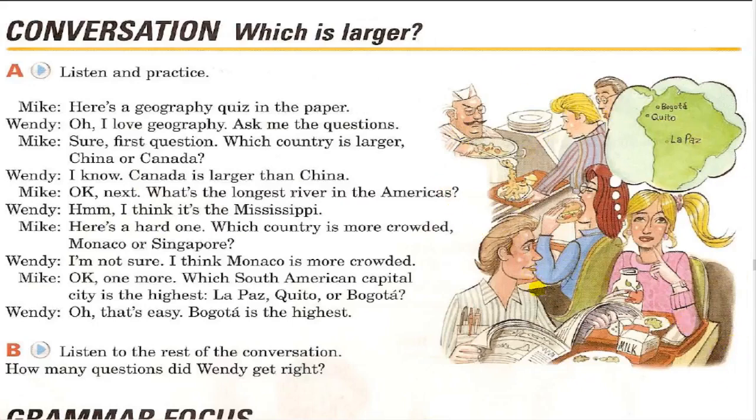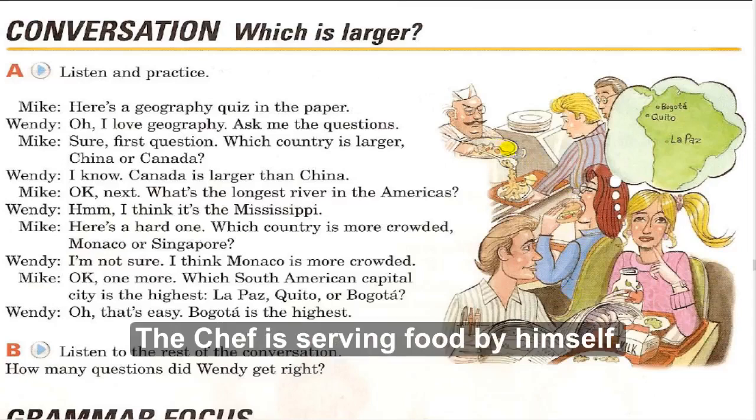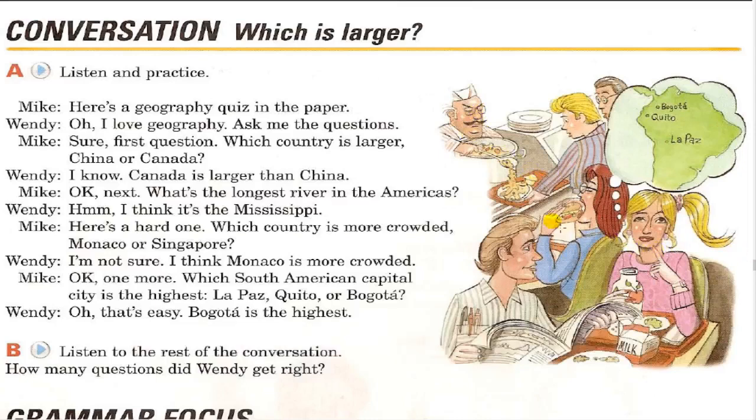People, where are they? They are in a restaurant. This is a chef. And what's the chef doing? The chef is serving food. Yes, the chef. Waiters. I have also waiter. Maybe he's a chef or waiter. People are eating.